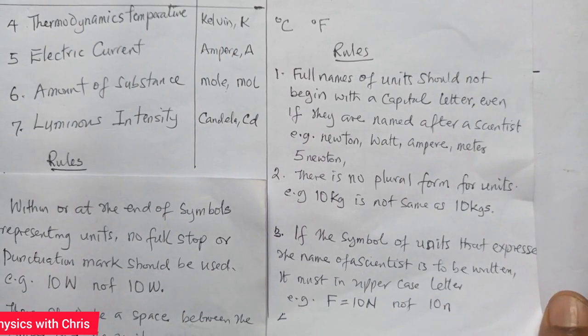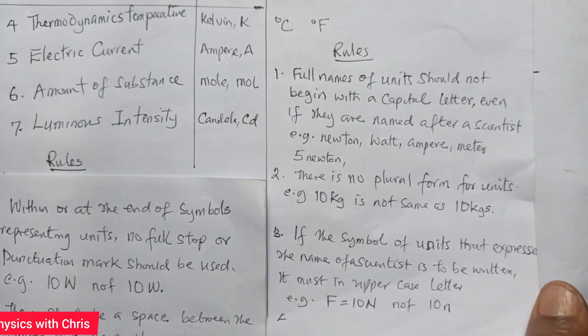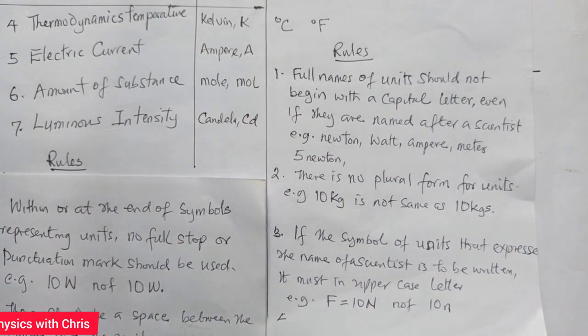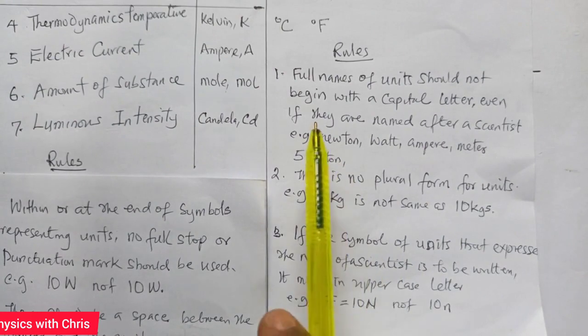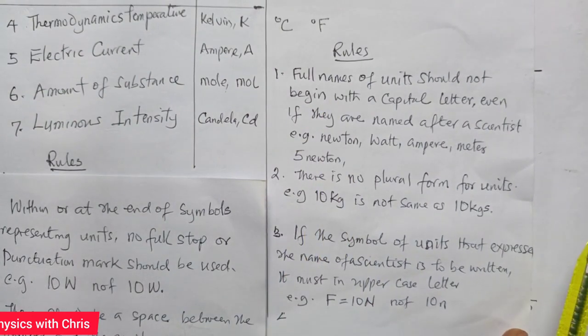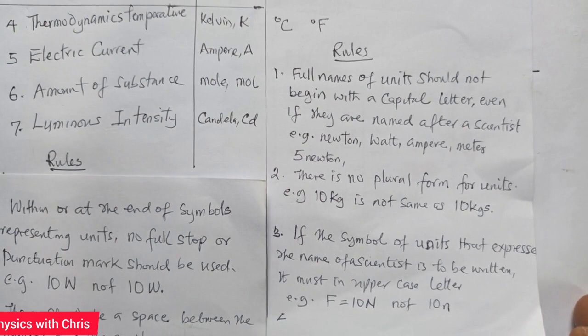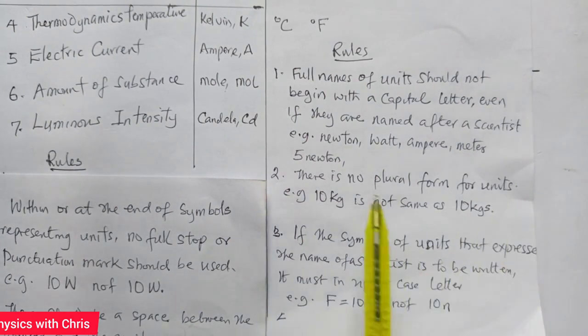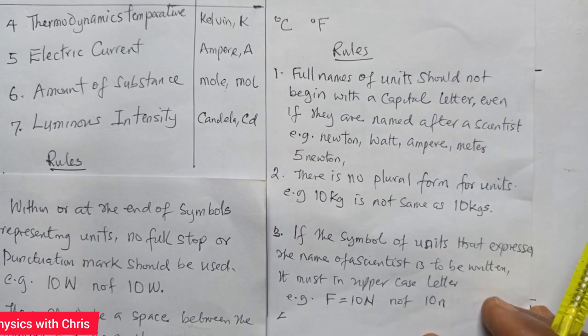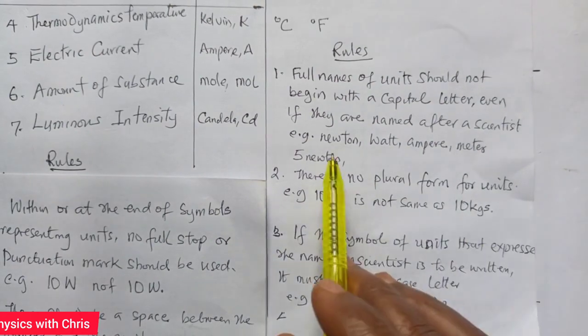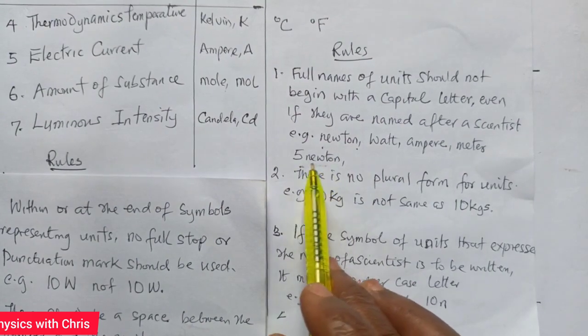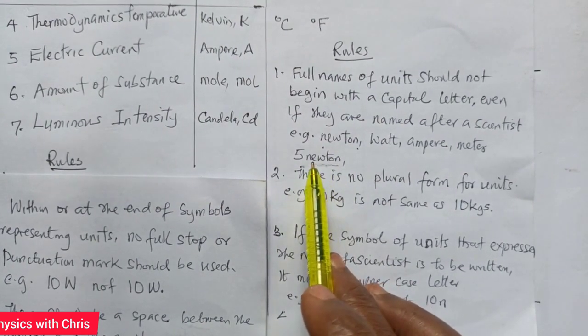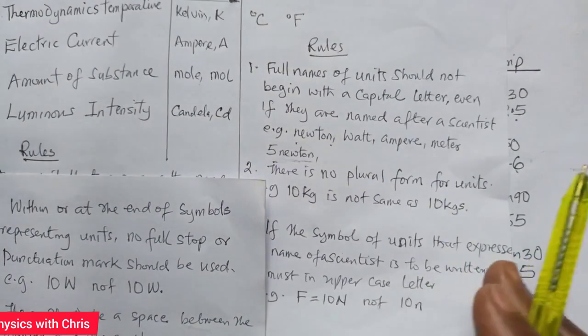Okay, before I round up this session, we want to look at the rules for writing the units of physical quantities. The first rule says the full names of units should not begin with a capital letter, that is, an uppercase letter, even if they are named after a scientist. For example, newton is the unit of force. If I'm going to write this unit in full, it must be written in lowercase letters, whether it is the first letter or any other letter of the word newton.